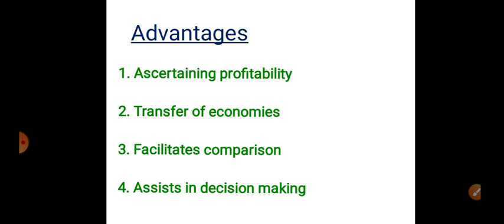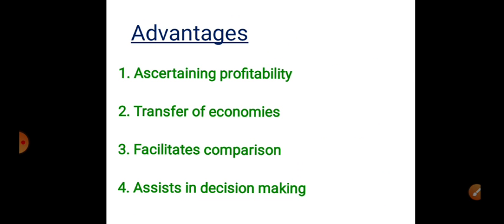Inter-process profits assist the management in ascertaining the profitability of operation in each process. Therefore, the efficiency or inefficiency of each process is immediately known. Which process is efficient, which process is inefficient, we can come to know. Next one, transfer of economies.